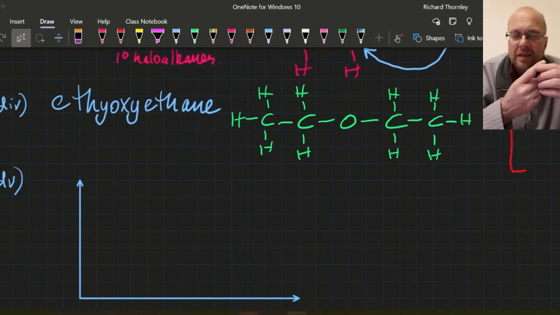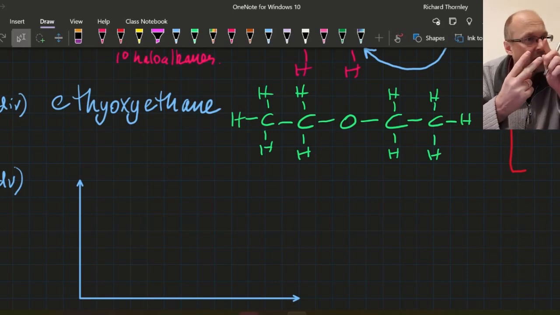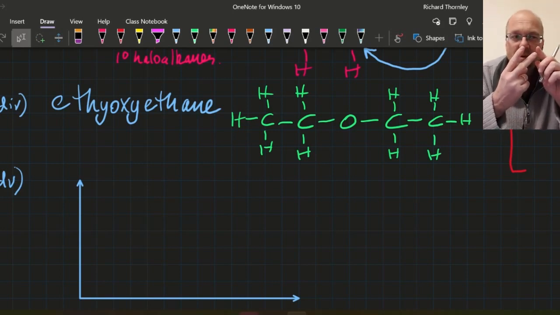So the number of peaks tells you the different types of hydrogen environments. The area under the peaks tells you the ratio of the hydrogens in those hydrogen environments. And the location of the peaks tells you about that hydrogen environment. Is it a methyl? Is it in an alcohol or whatever? And then the fourth thing, the splitting, tells you how many hydrogens are on the adjacent carbon plus one. That's the splitting number.